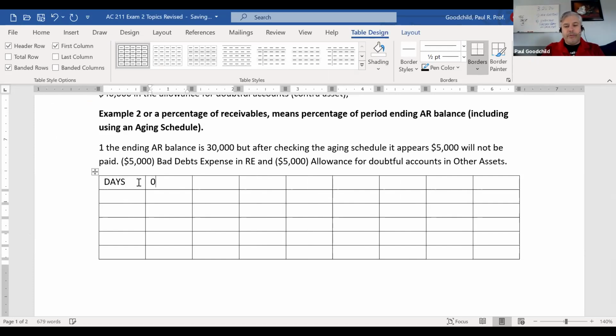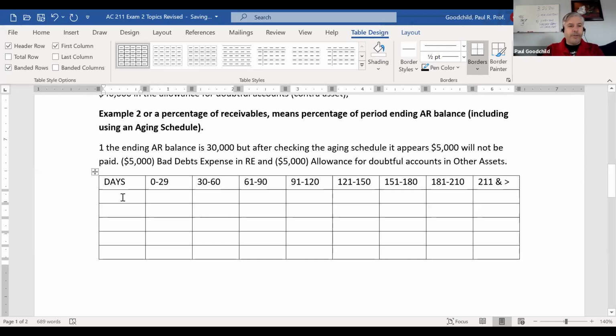And you'll have 0 to 29, 30 to 60, 61 to 90, 91 to 120, 121 to 150, 151 to 180, and then 181 to 210, and then 211 and greater.